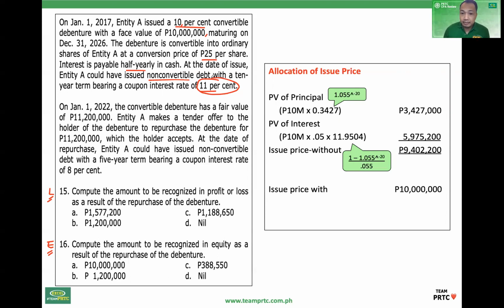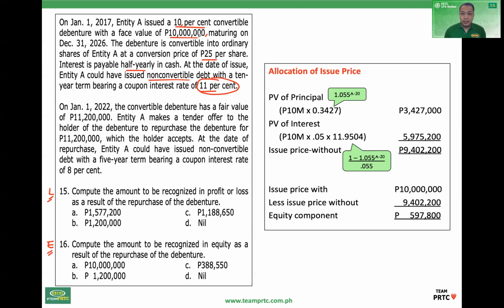So with is 10 million, issued at face value. Without, so the difference, equity. Again, the split is made at issuance. Whether ma-convert or not yan, may equity component. Okay, now, so notice although issued at face value, okay, effectively issued at what? Discount.